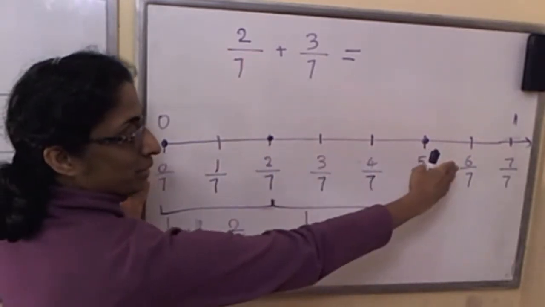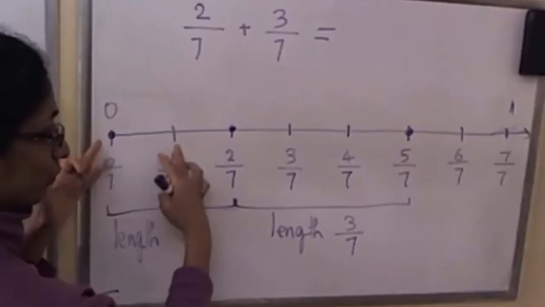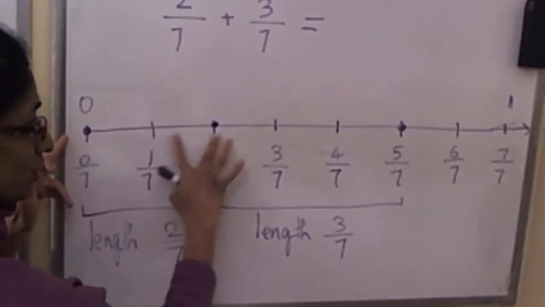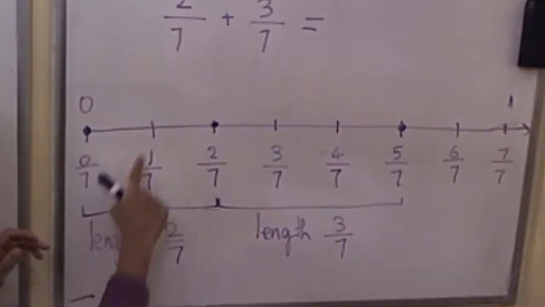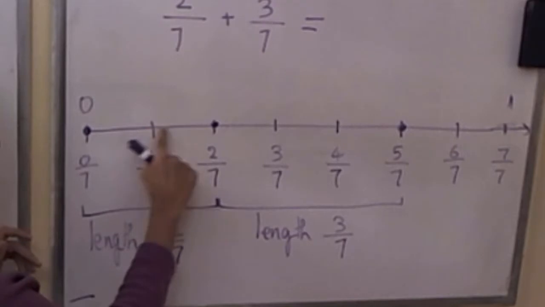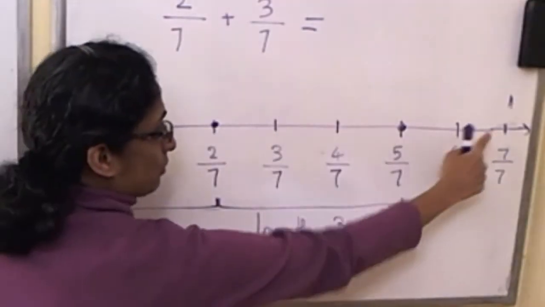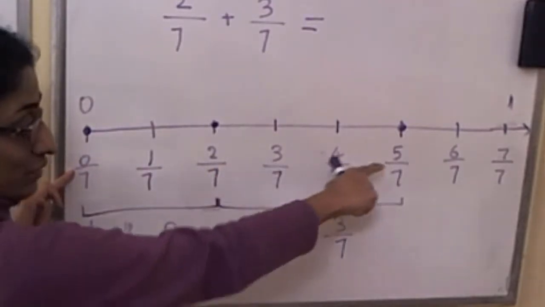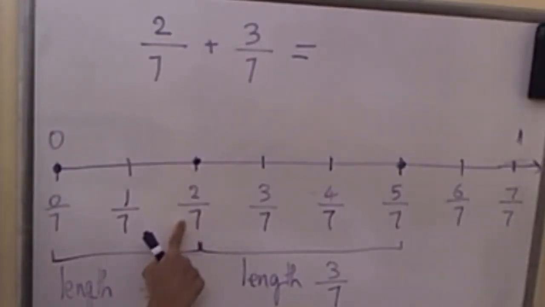So here's the number line, and here's the unit segment 0 to 1. The unit segment is cut up into 1, 2, 3, 4, 5, 6, 7 pieces. And when we do so, each of these points is a fraction, and you know how to label those fractions. That's exactly what I've done here. So this point is 2 over 7.